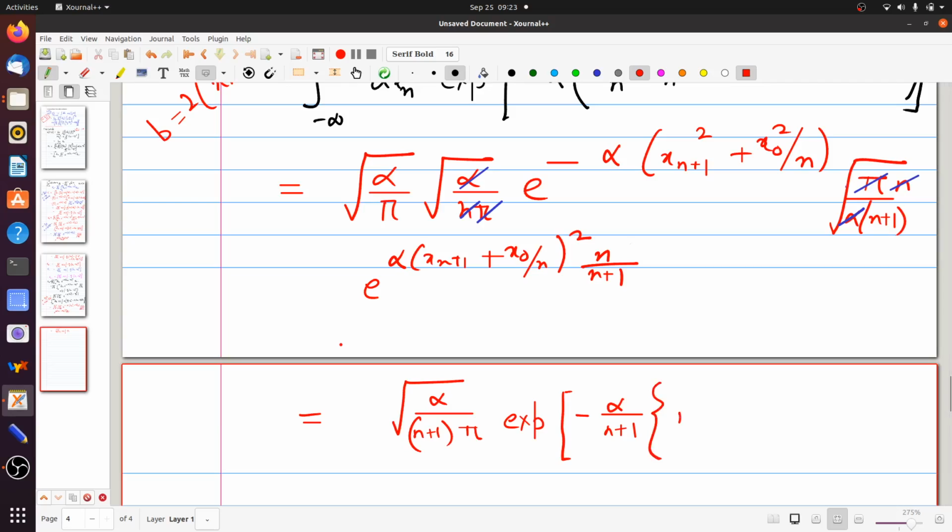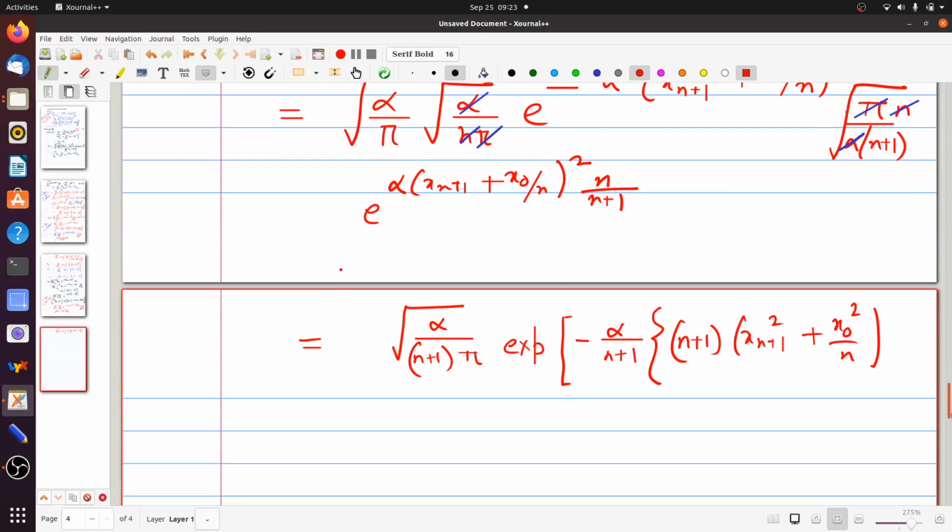Now, inside what we have is n plus 1 times xn plus 1 whole square plus x0 square by n. These are the constants that were already there before the Gaussian integration. And then you have minus n xn plus 1 plus x0 by n whole square.